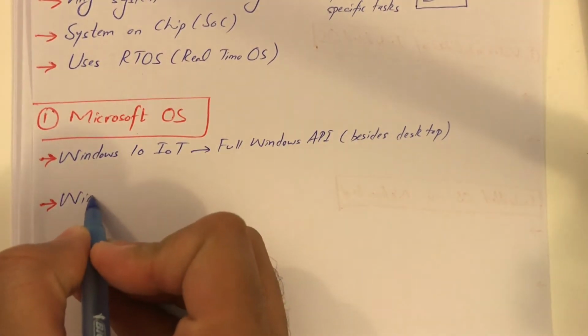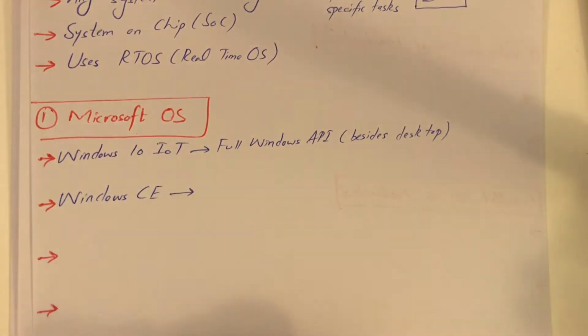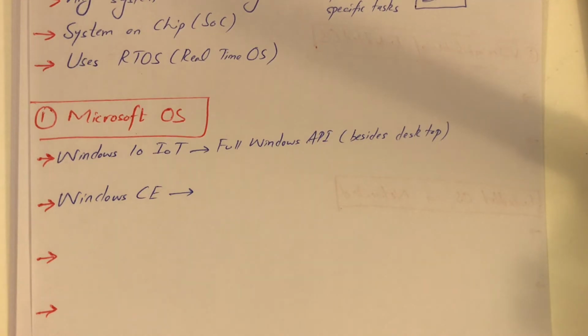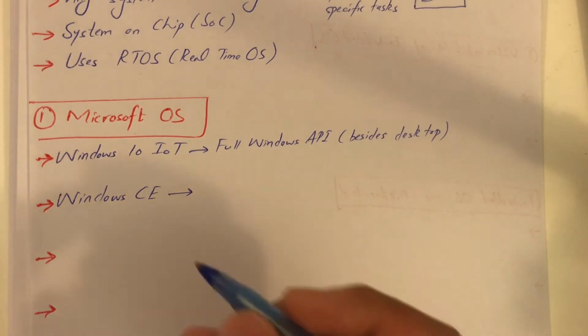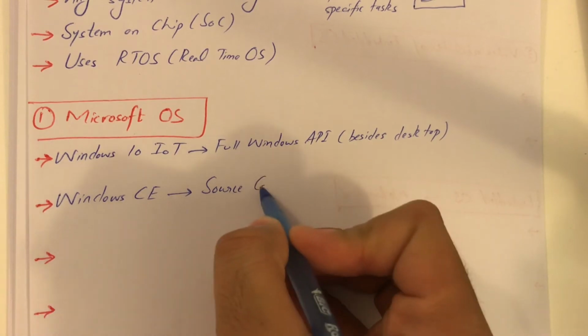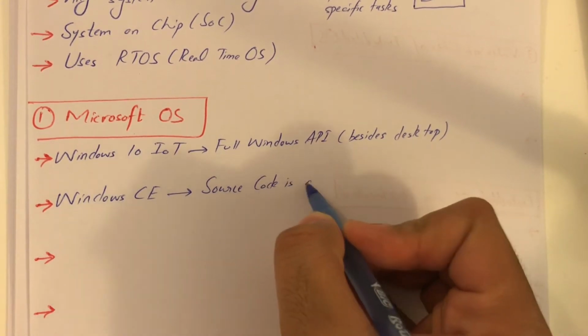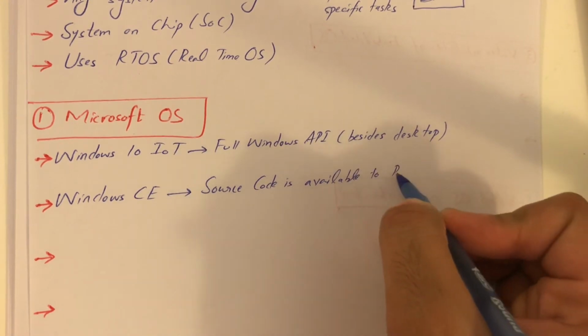Windows CE. Again, that's for the sensors. Windows CE is basically Microsoft's system; they made the source code available to the public, and it's basically the trimmed version of Windows Desktop. In fact, it's the trimmed version of Windows XP, but specifically designed for IoT or embedded systems, like the small chips. So for Windows CE, the source code is available to the public.